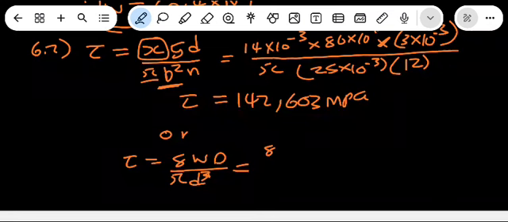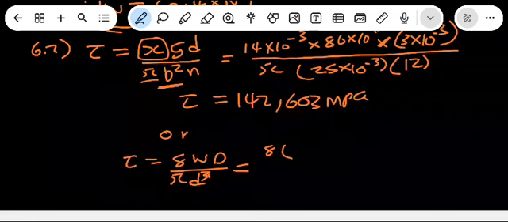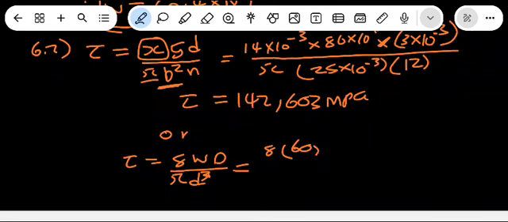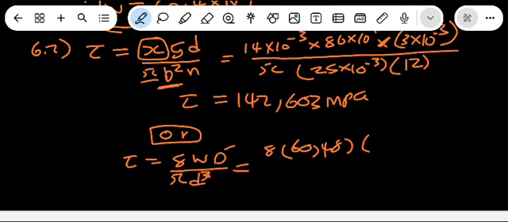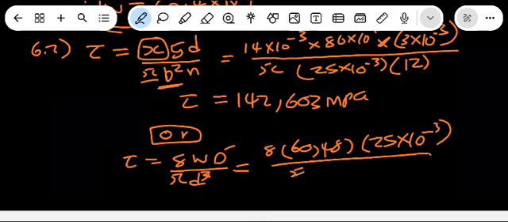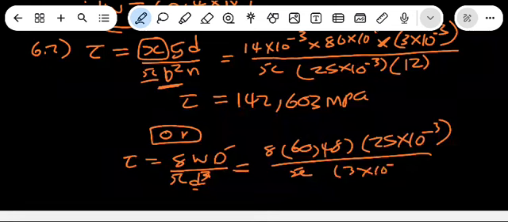We have 8, the weight we've calculated, which is 60.48, the mean diameter 25 times 10 to the power of minus 3, and the wire diameter, 3 millimeter.